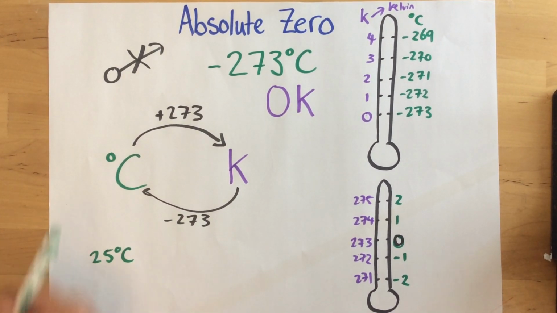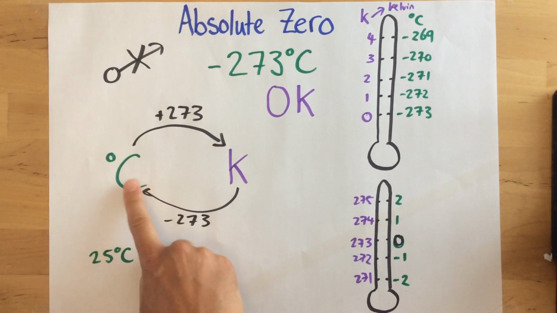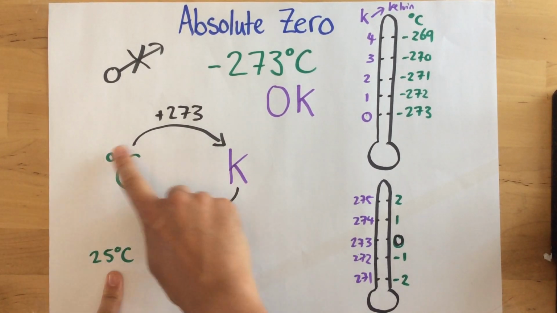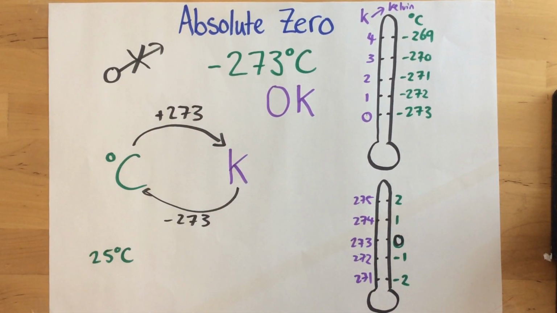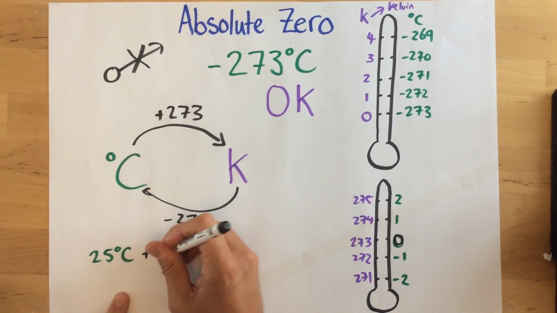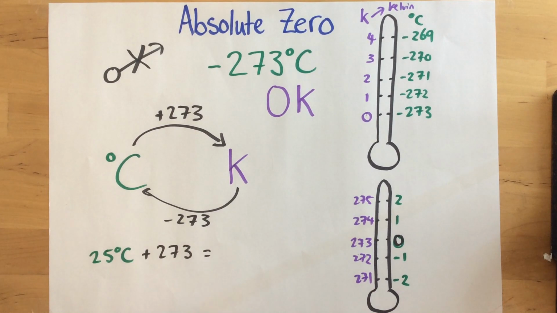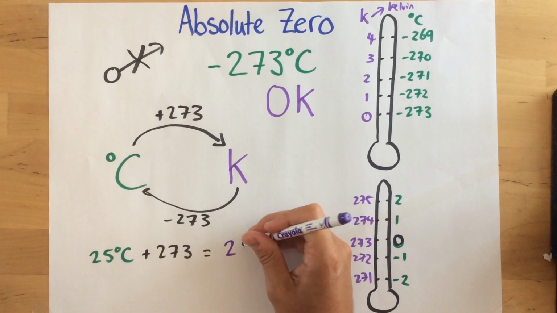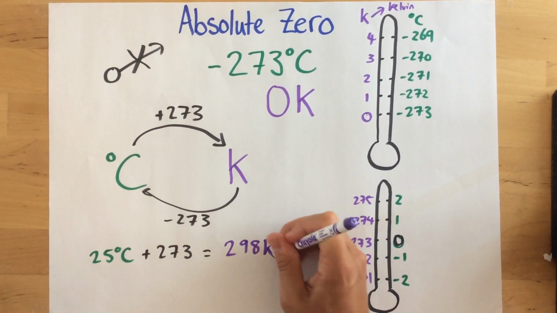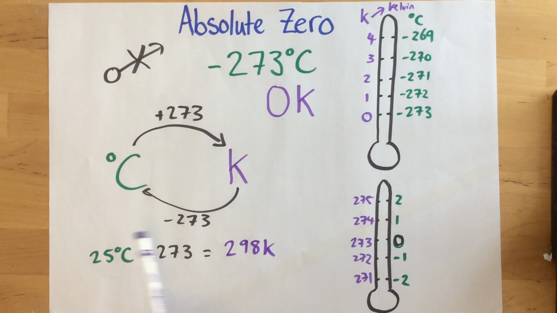I'm starting with degrees Celsius, so to get to Kelvin, I just need to plus 273. So the answer to that is 298K. It's a nice, easy conversion to get from one to the other.